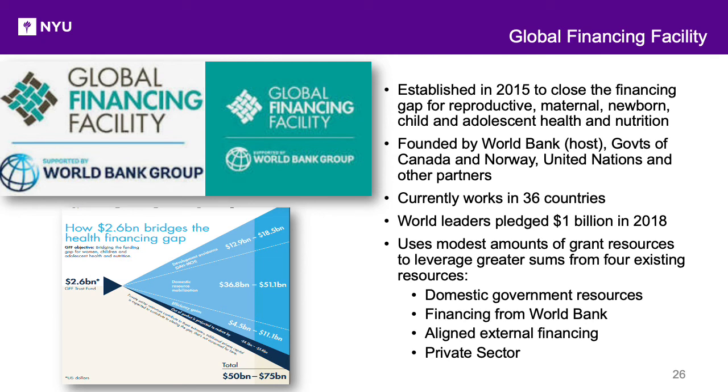World leaders pledged 1 billion for the GFF in 2018, and it uses modest amounts of grant resources to leverage greater sums from existing resources: domestic government resources, World Bank financing, aligned external financing, and also private partners. So overall, the GFF has a profound effect on global financing in these key areas that align with its mission.